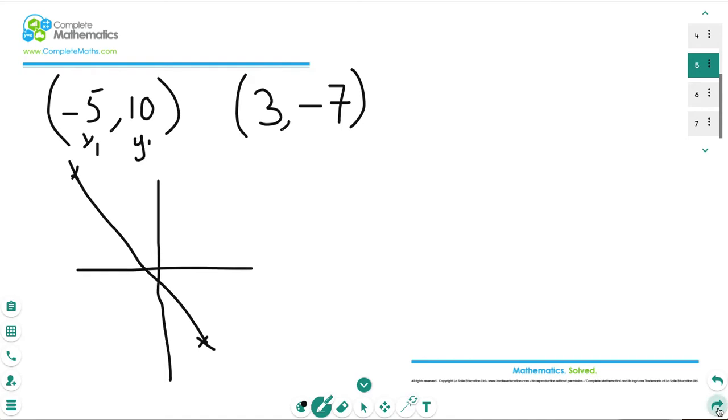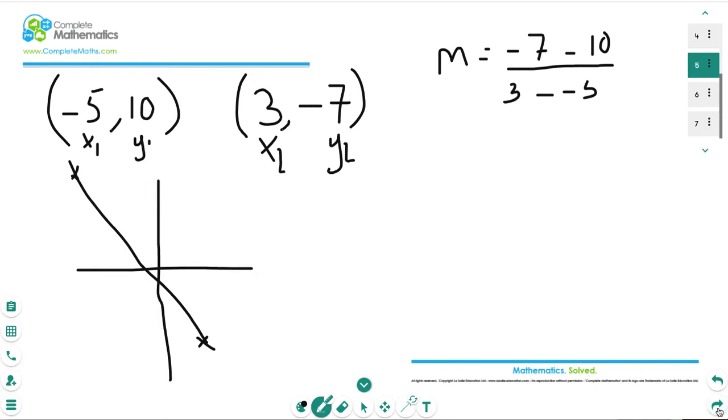We're going to label our coordinates x1 and y1, x2 and y2. It's always important to make sure we label our coordinate pairs. Our gradient is still our change in y divided by our change in x. y2 minus y1: minus 7 minus 10, divided by 3 minus -5.